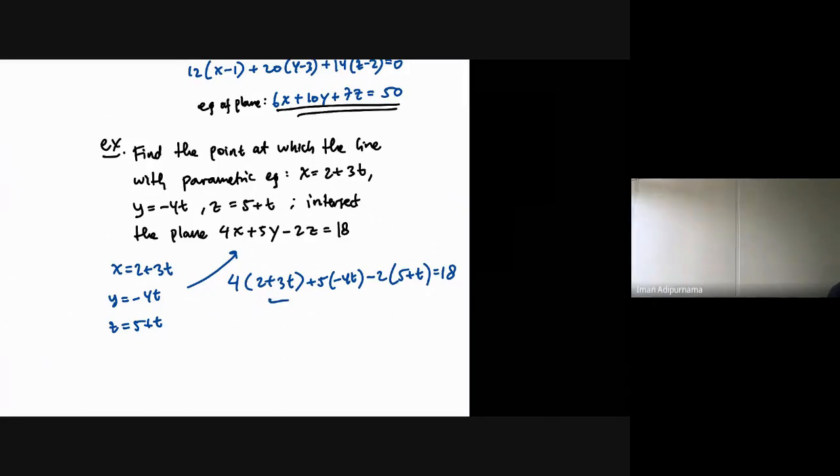And you can check the answers and you will find t is equal to negative 2. And you can get x when t is negative 2: x will be negative 4, y will be 8, and z will be 3. So this is the point of intersection.